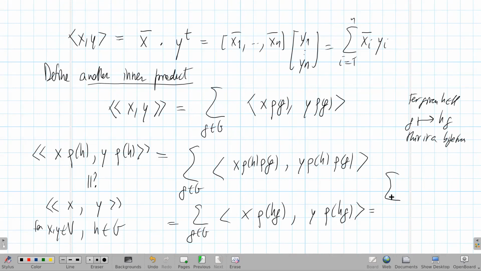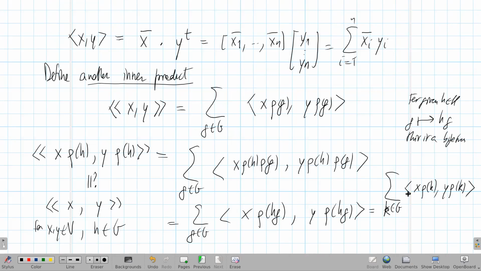So if I change variable, I can say, let's call this variable k. This is the sum for k in G of x rho k, y rho k, okay? And of course, this is a dummy variable, variabile muta in Italian. I'm simply summing over all elements of G. Whether I call an element of G little g or little k is absolutely the same.